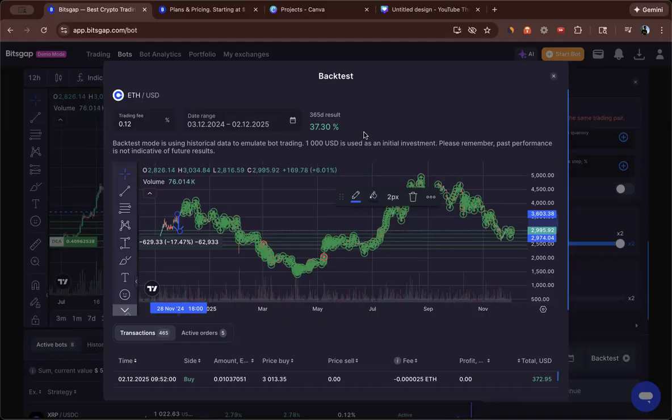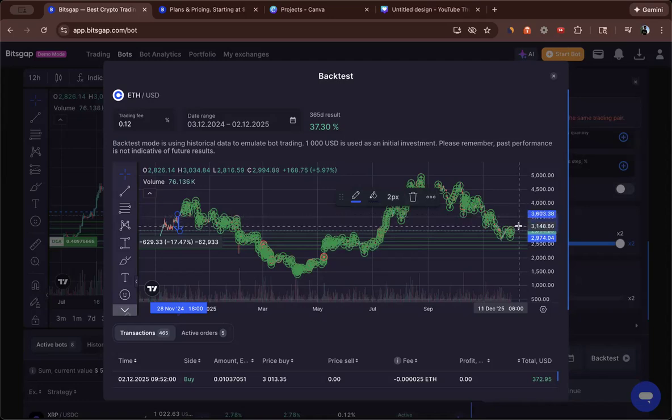By using these bot settings, it has basically returned 37.3% on this bot. So if you had $1,000 in this bot, you now have a bot that's still maybe worth 700, and you've also got 372 in the bank. So you haven't lost any money, but if you close this out, you probably just break even.